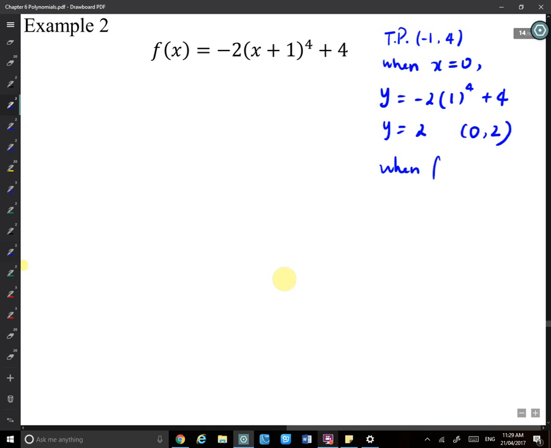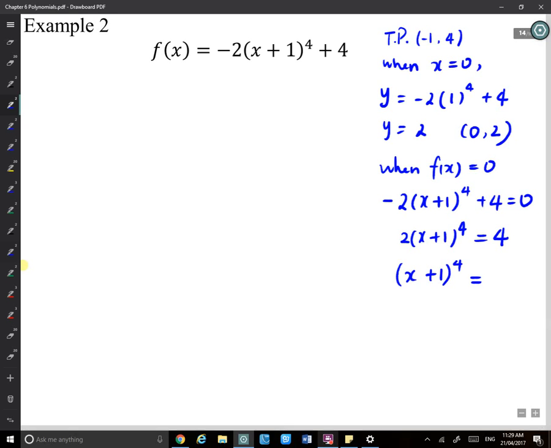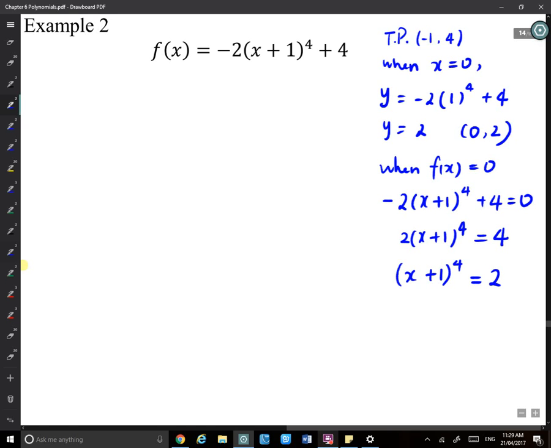And when f(x) equals 0, -2(x + 1)^4 + 4 equals 0. 2(x + 1)^4 equals 4. (x + 1)^4 equals 2. So what's x + 1 equal to?